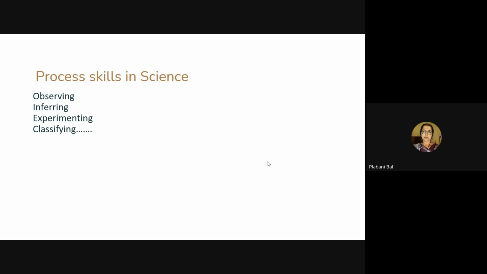So if you want to develop the skill of experimentation, you need to be systematic, to ask the students to do things systematically in a stepwise manner.